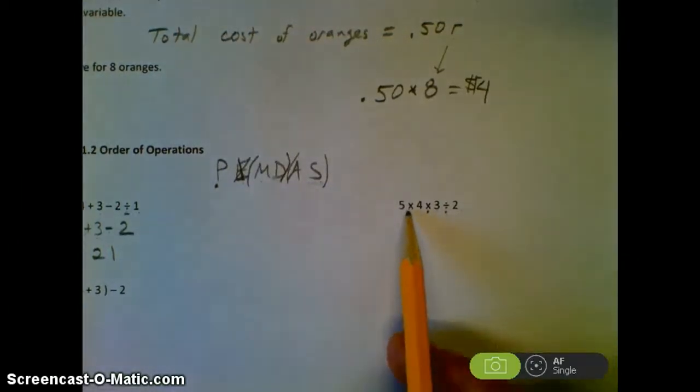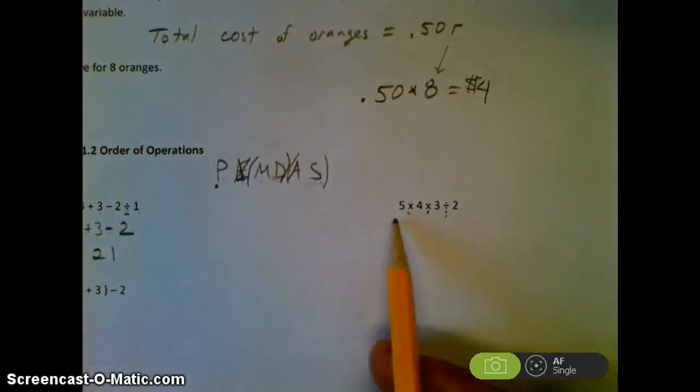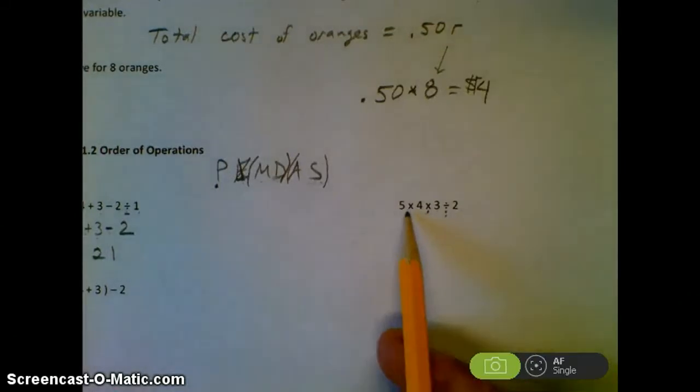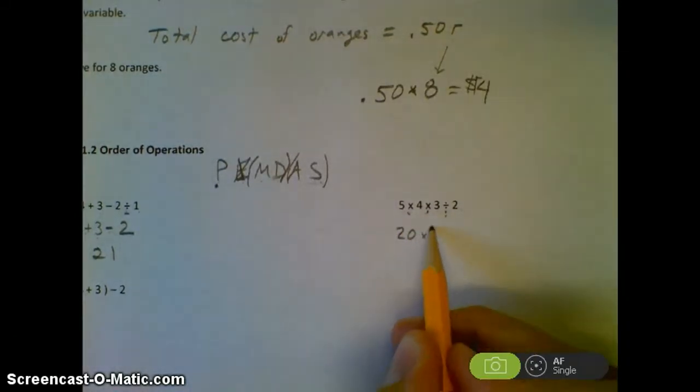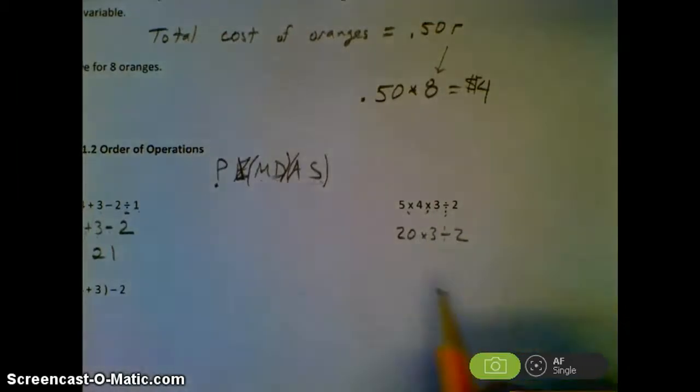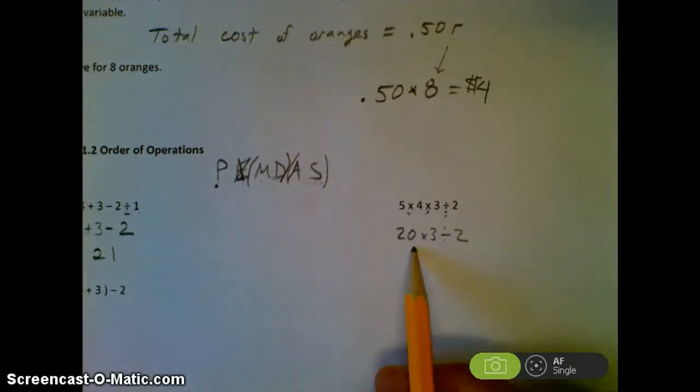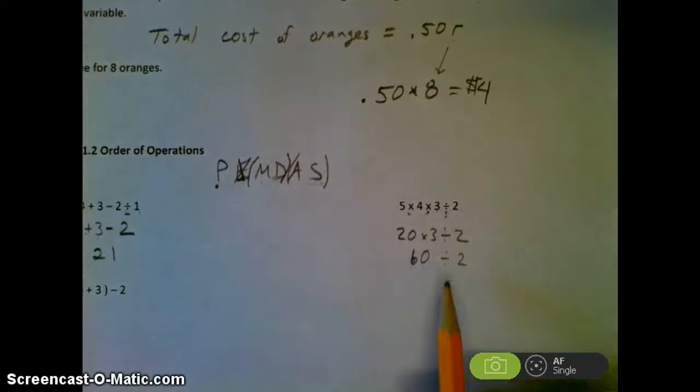We want to do all of them, but we need to go left to right. So I do 5 times 4 is 20. I'm just going to bring this down, times 3 divided by 2. 20 times 3 is 60. I'm going to bring my divided by 2 down, and 60 divided by 2 is 30.